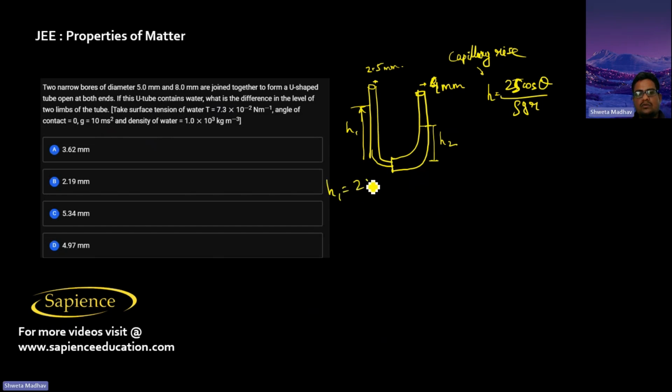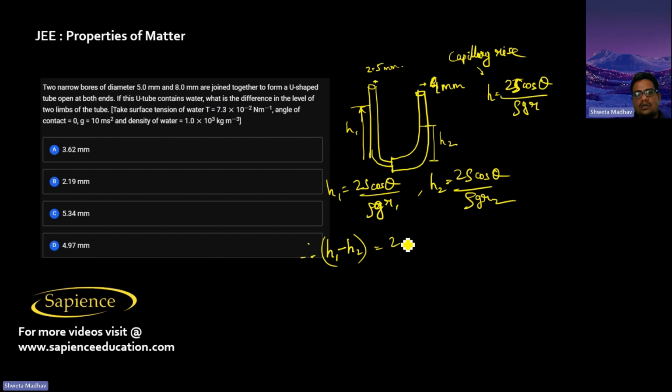H1 will be equal to 2S cos theta by rho g r1, and H2 will be equal to 2S cos theta by rho g r2. Therefore, the difference in the level of the two limbs of the tube, H1 minus H2, is 2S cos theta by rho g, which I can take as common, into 1 by r1 minus 1 by r2.